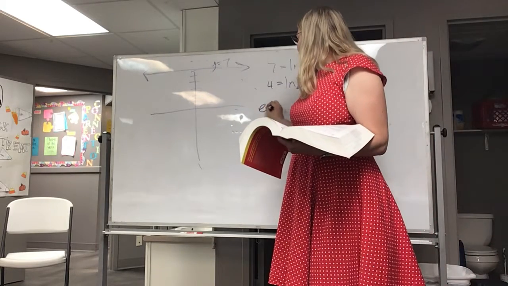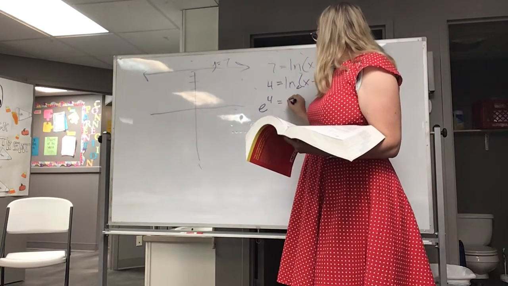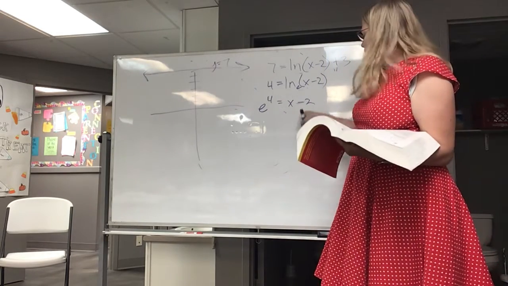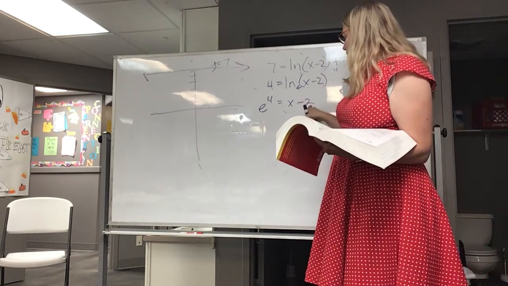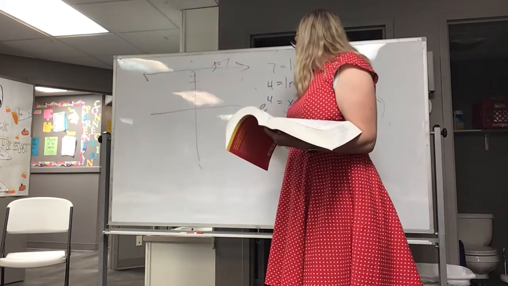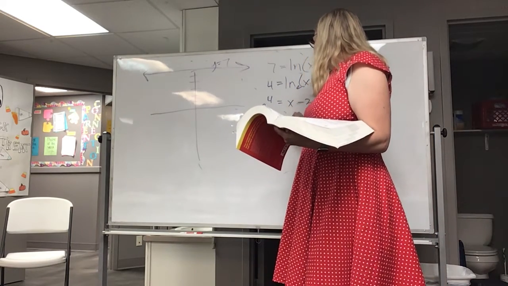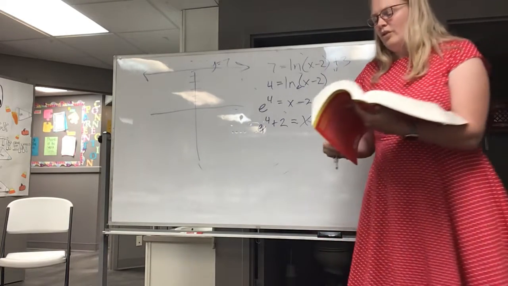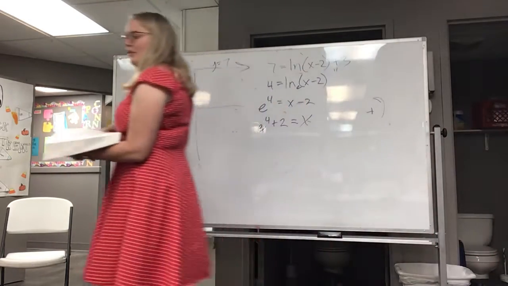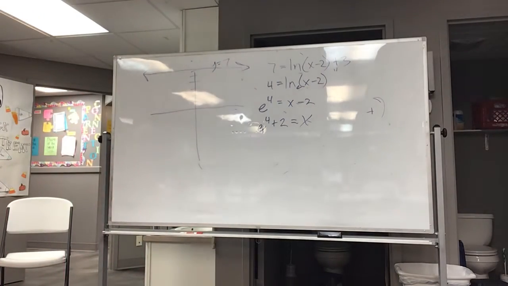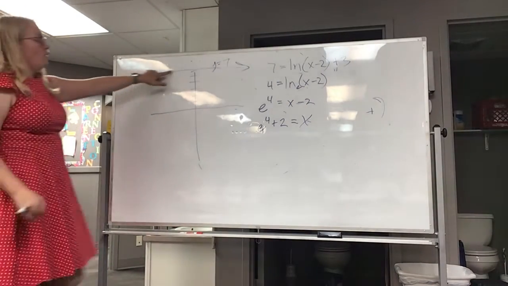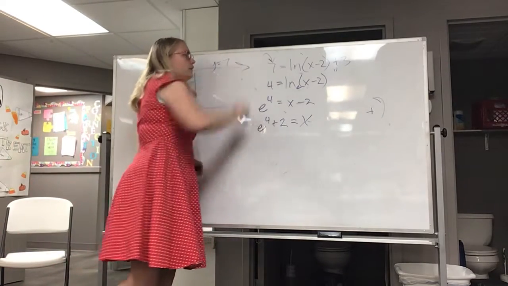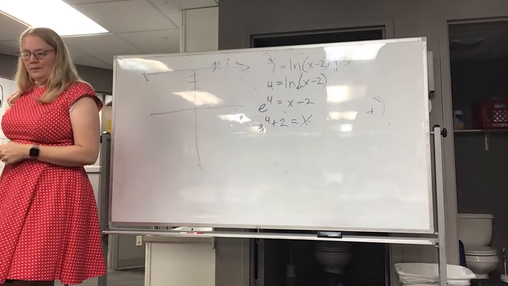And we have e to the 4th equals x minus 2. Finally, to get x by itself, we have to add 2, and we get e to the 4th plus 2 equals x. So the graph stuff is a little bit distracting. The important thing to get from it is, with this graph, y is a constant, y is always equal to 7, and so we put 7 in for that graph.